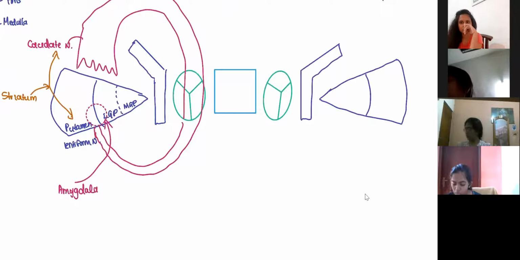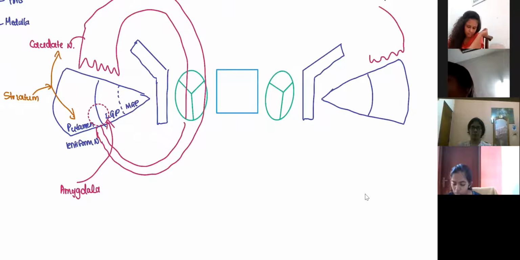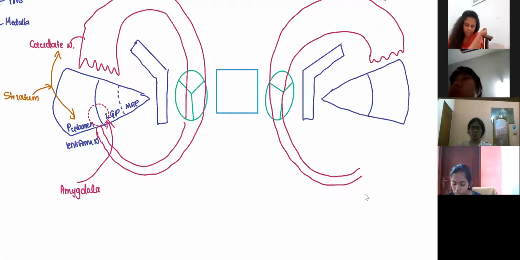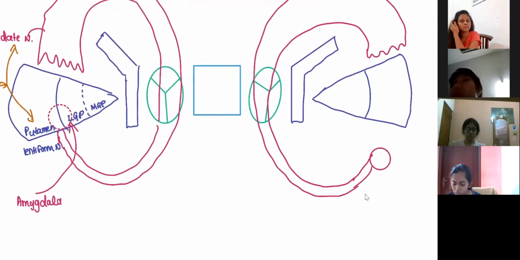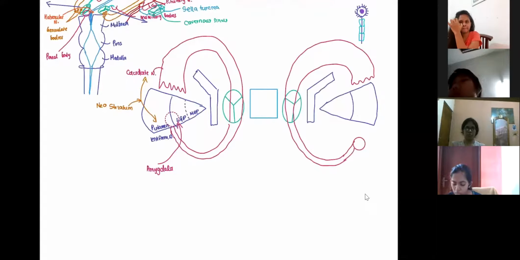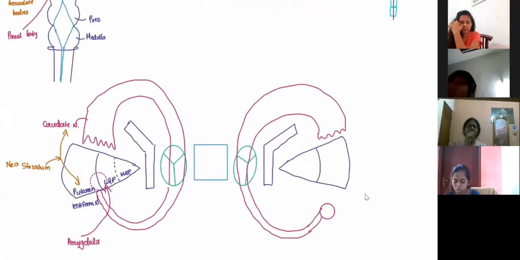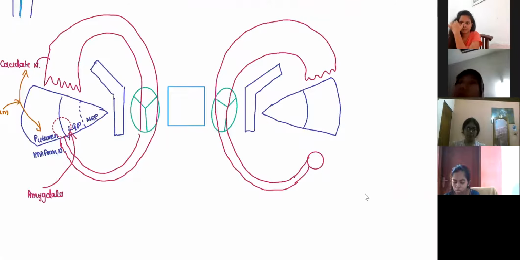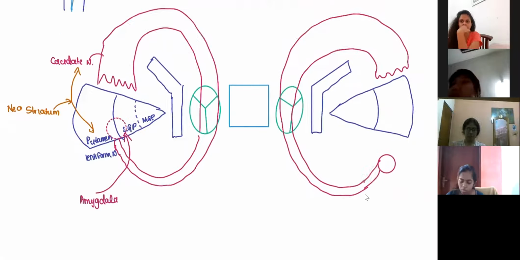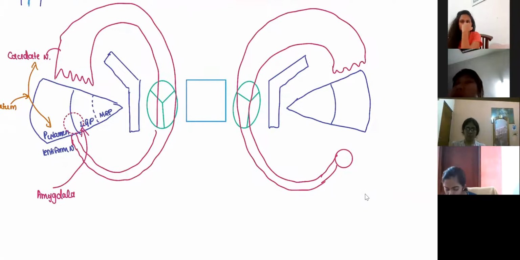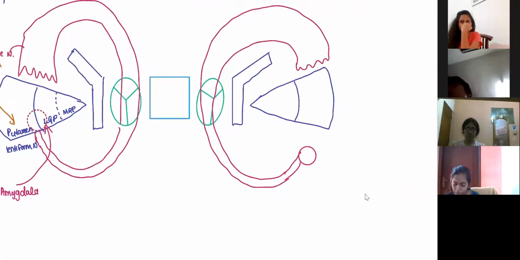Let me draw the caudate nucleus again, but this time I'm going to draw the amygdala on the side, just for my convenience when it comes to drawing the next structures. I'm sorry, guys, if you are using paper, you can either draw it on the other side or just readjust. Okay, this is the amygdala.